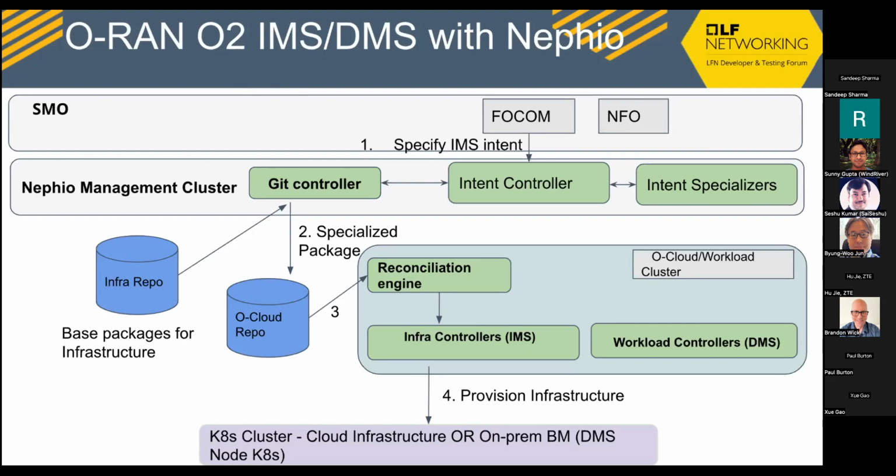FOCOM is supposed to call the IMS related standard APIs for the management of infrastructure, which can begin right from provisioning of the Kubernetes cluster, provisioning of infrastructure, and then the bookkeeping kind of work, querying the inventory and management, etc.